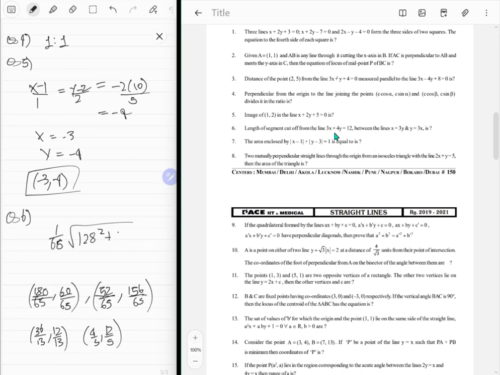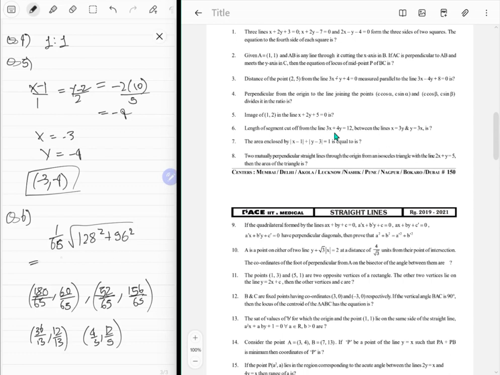That will be 96. Wait, really? Come on, what am I doing wrong? 144 plus 12 is 156, and this would be 96. Yes. That's weird. So it's 96 squared, huh?